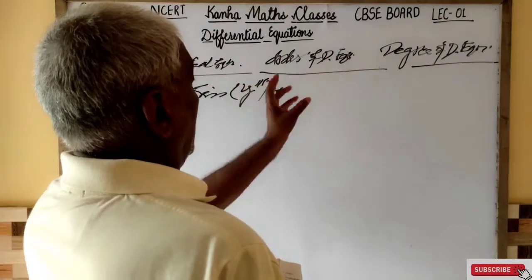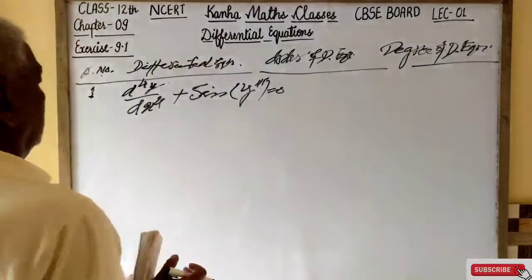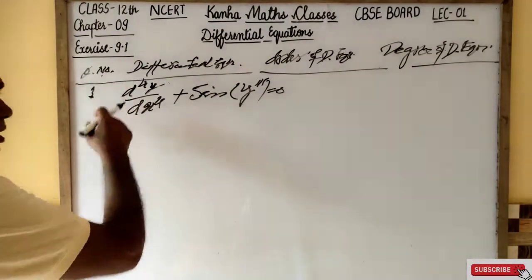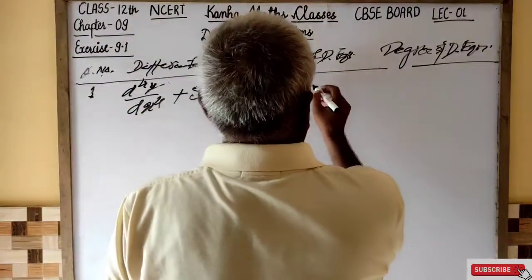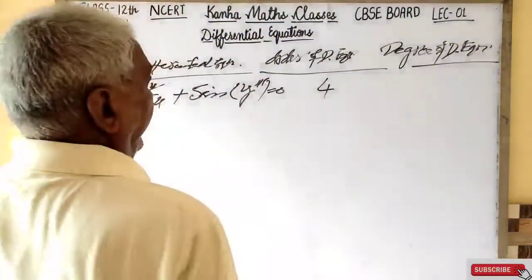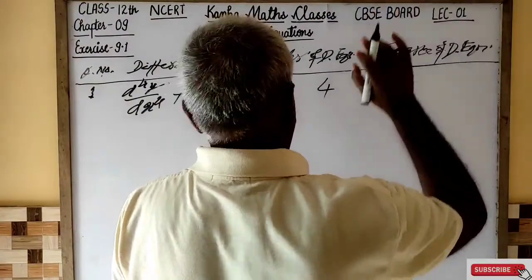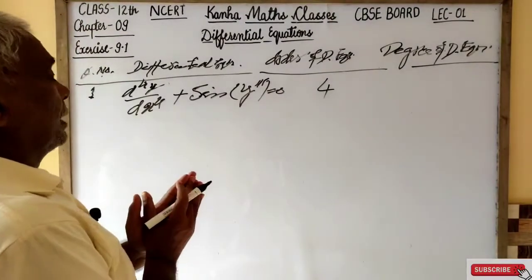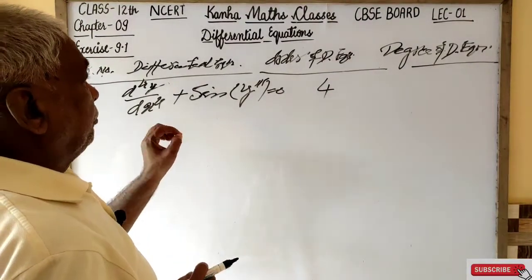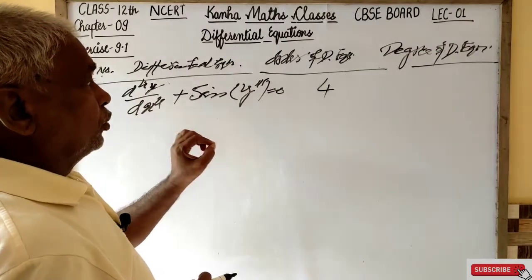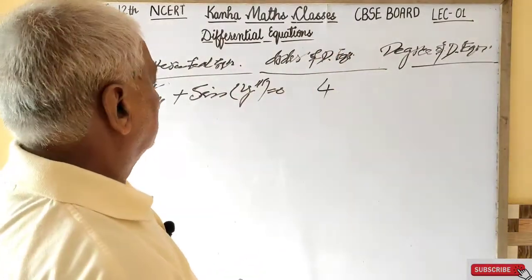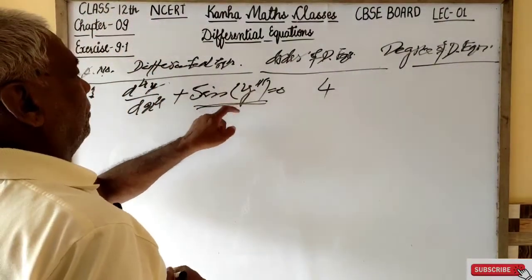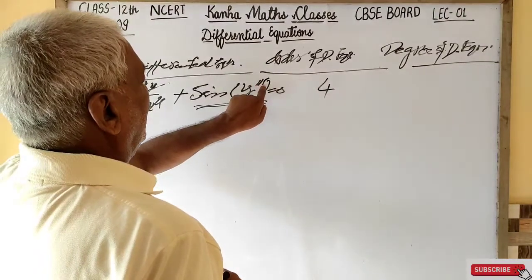So what will be the order of this differential equation? The highest order of the derivative means the order of the differential equation is 4. The degree of the differential equation is the highest power of the derivative, but here the degree is not defined because of the sin of y triple dash.